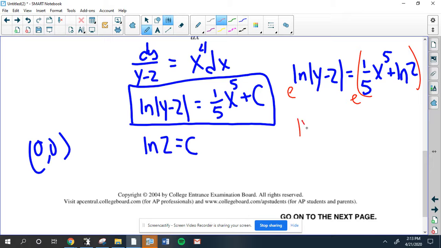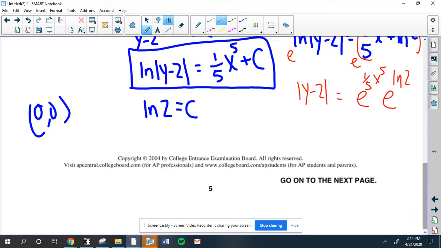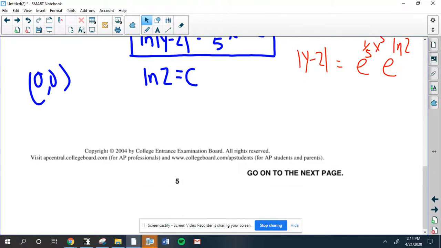We'll get the absolute value of y minus 2 equals e to the 1/5 x to the 5th plus ln of 2, which is times e to the ln of 2. Don't necessarily have to do that, but it simplifies it a little bit.